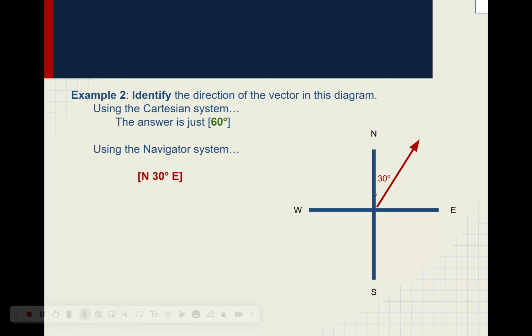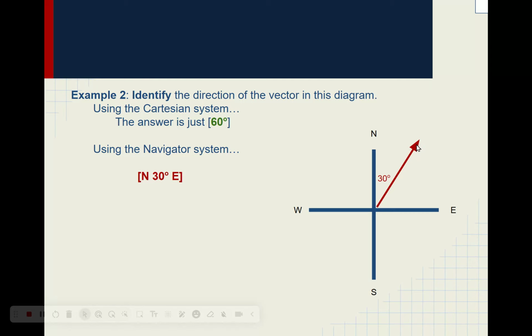So that means that I can put down north as my reference line. 30 degrees, it's kind of like we're leaning over to the right. We're going towards where east is, even though we never get there. So north as a reference line, 30 degrees towards where east is.